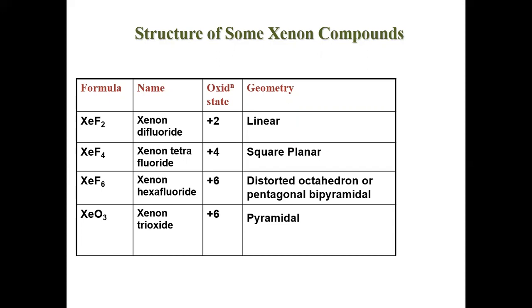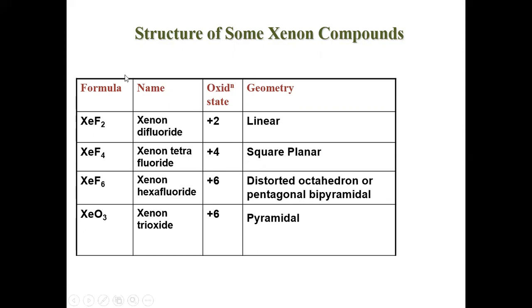Bond distance you may have around 2 angstrom. The oxidation state here for the xenon is +2. You get 2 bond pairs, and they are in axial manner. The lone pairs are 3 lone pairs. So 2 bond pairs and 3 lone pairs.